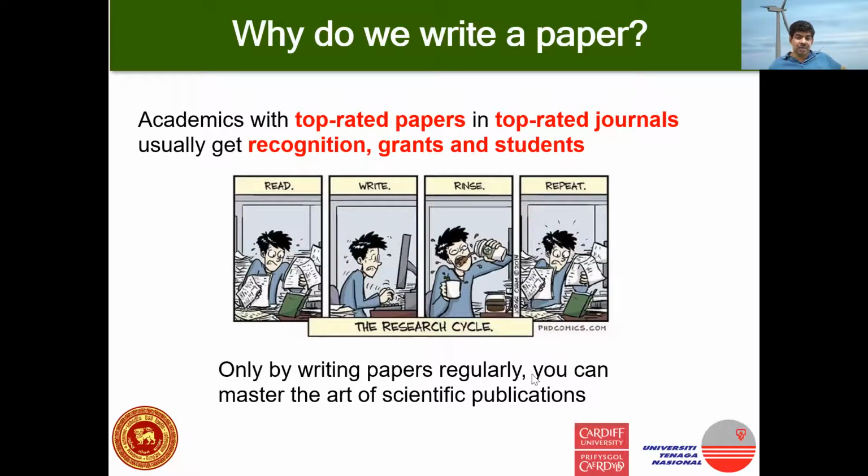Only by writing papers regularly can you master the art of scientific publishing. You can write journal papers, but even still, I can't write perfect journal papers. There are always issues. So in order to be a master of writing scientific publications, that is a different art one has to learn. You must publish as much as you can.